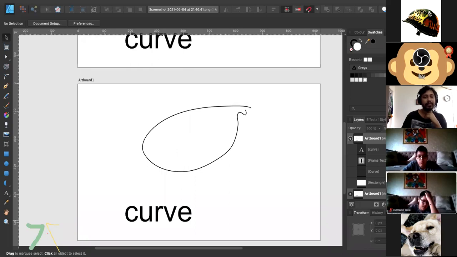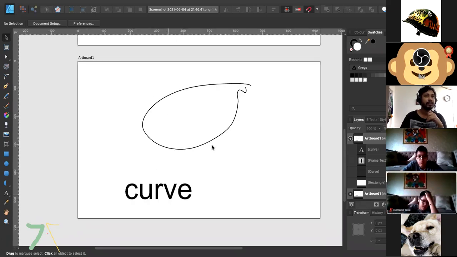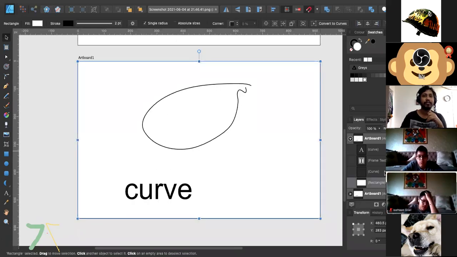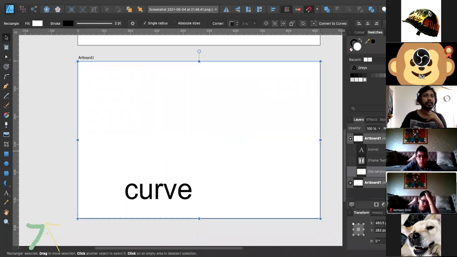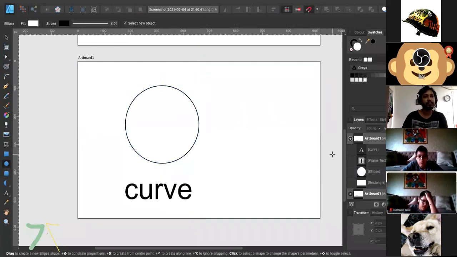Okay, let me draw another one. What about this one? This is a closed curve because it ends at the starting point. This is a circle, a closed curve.